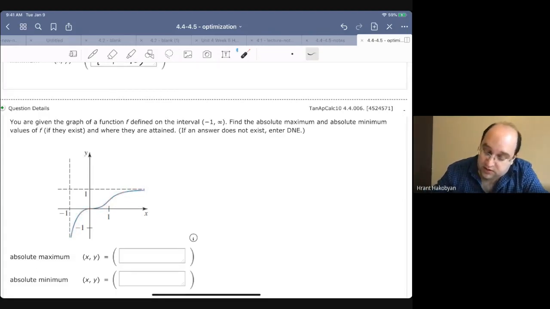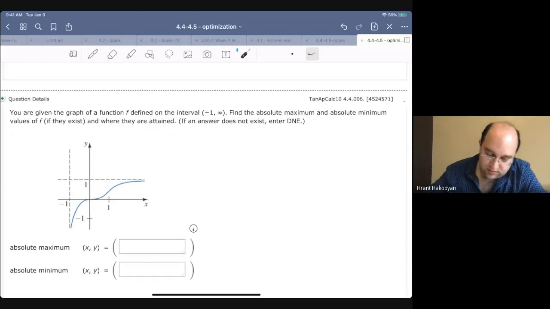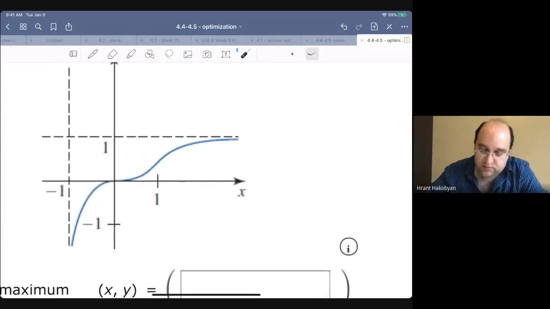So what they want us to find is the absolute maximum and absolute minimum of f and where they are attained. Okay, so again, the question is in terms of the x and y, but let's see, absolute maximum. Let's look at this function a little bit closer.